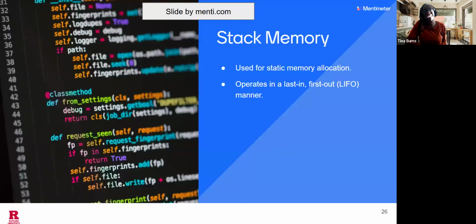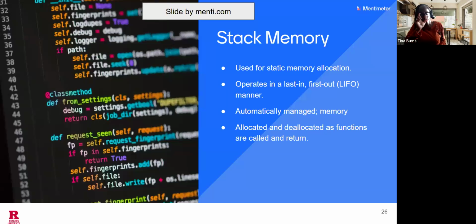So this is going to be in a last in, first out manner, and it's automatically managed in memory. The memory will deallocate this once the function has stopped running. Same thing with your program. Your program will automatically deallocate the global memory when the program stops.